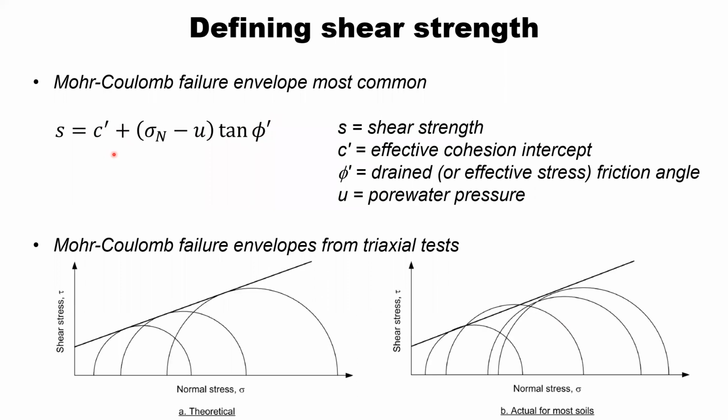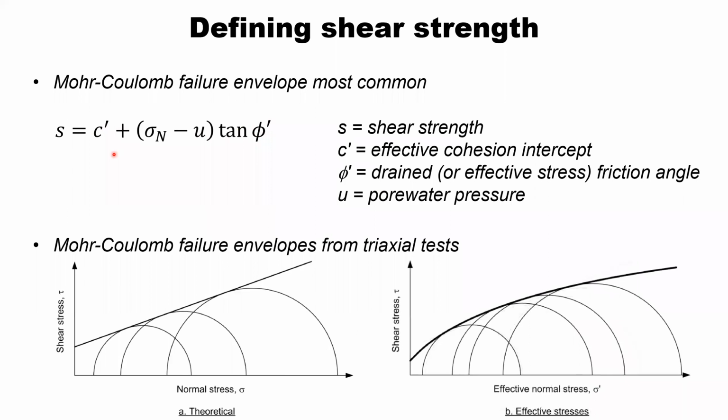Once again, further looking at reality, the failure criteria for soils is more curved than it is linear, particularly at high stresses, and particularly for finer grained soils like clayey soils and even slimy material that has some plasticity when we're talking about tailings facilities.